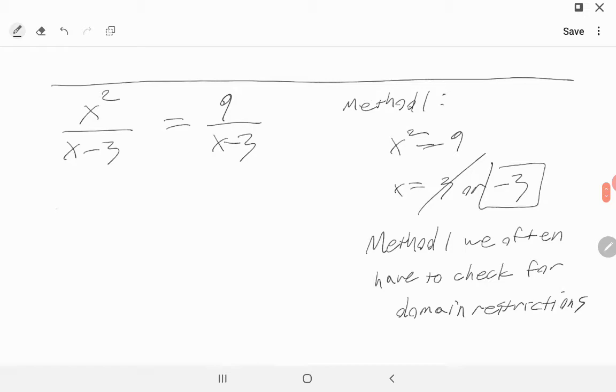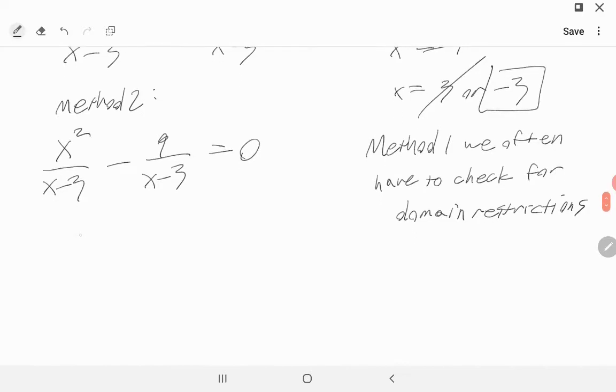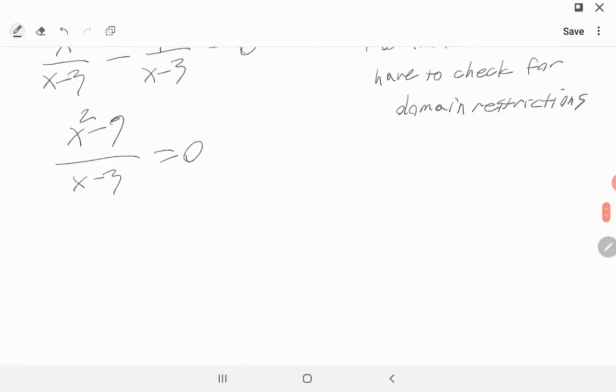Now if we use method 2 instead, we would rewrite it as x squared divided by x minus 3 minus 9 divided by x minus 3 equals 0. We subtract that 9 divided by x minus 3 from both sides. And so now we can write that as x squared minus 9 divided by x minus 3 equals 0.